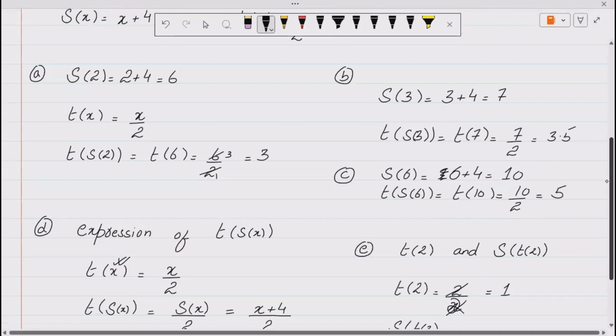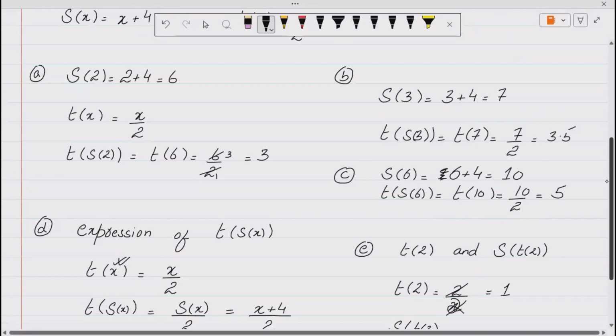So here I have to write T of x plus 4. Now instead of T of x, I write x upon 2, because T of x is x upon 2, plus 4. Again take an LCM using the butterfly rule: 2, 1 into x is x, 2 into 4 is 8. So this is S of T of x, and the question is complete, all the H parts.